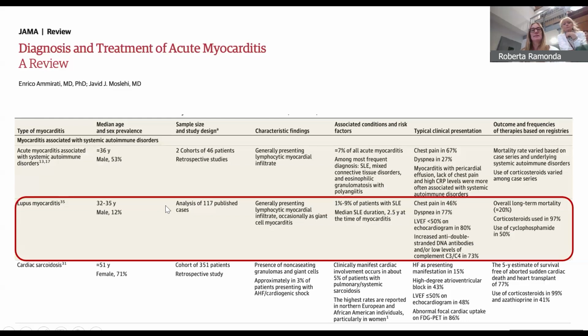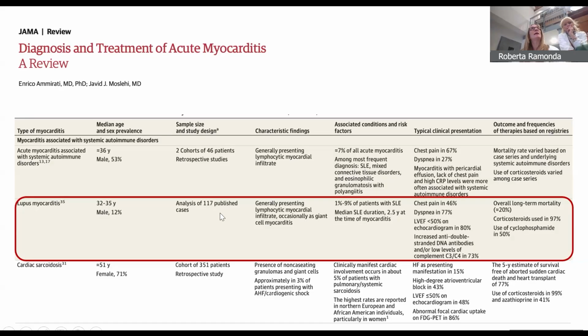As you can see in this review on acute myocarditis, lupus is one of the most frequent etiologies among autoimmune rheumatic diseases, and can present with myocarditis in up to 10% of patients.